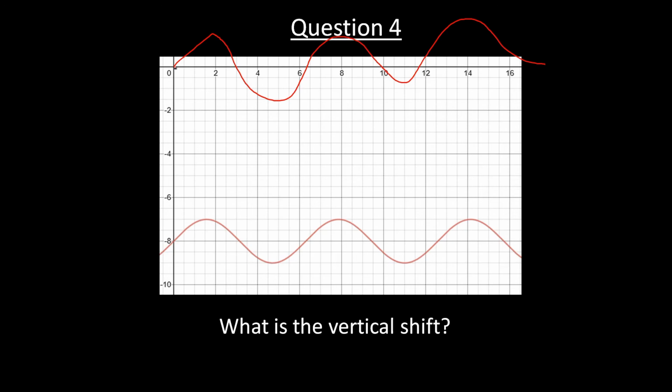And you can see by the graph, this new one is shifted 8 units down. And so D here must be -8, because this red line has been shifted 8 units down.